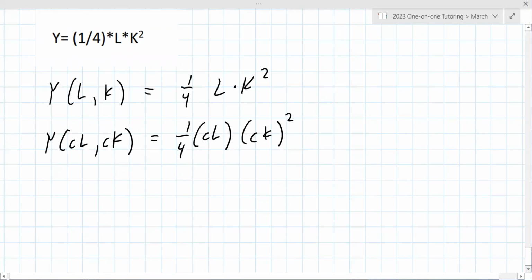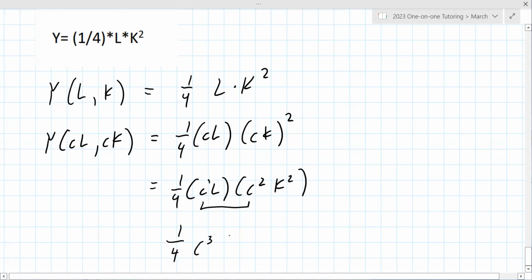Is that clear? So it's 1/4 C times L, C squared K squared. You don't need the parentheses anymore, you can combine the C's. So it's 1/4 C cubed, L times K squared.